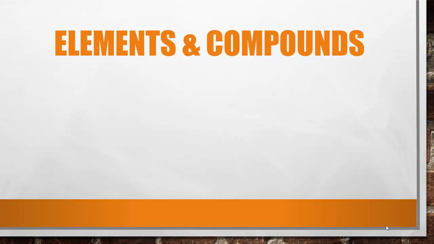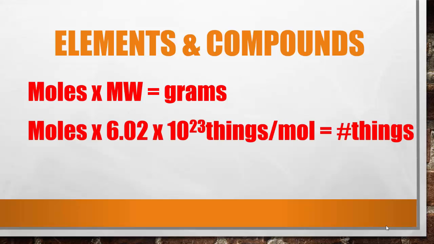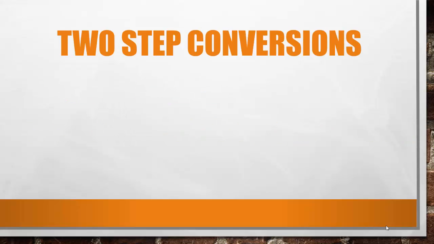So now for elements and compounds, you're sometimes going to want to go from grams to particles or particles to grams. Now we can go from moles to grams, and hopefully remember that we can go from moles to particles. This will be done in a two-step conversion.